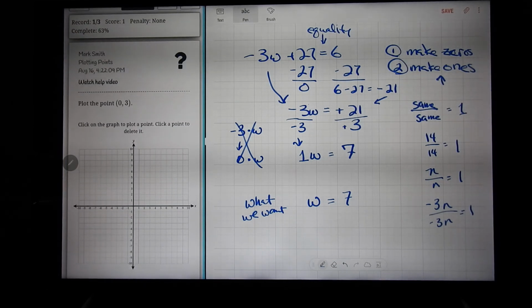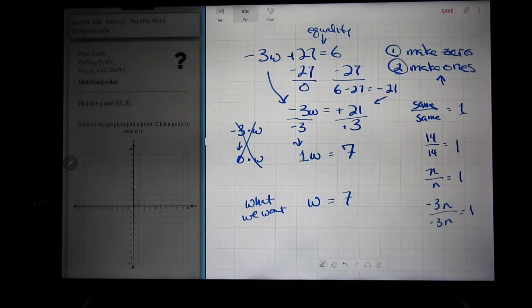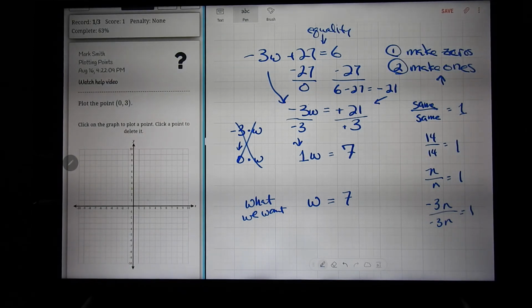So 0, I'm already at 0. So I'm going to go up to 3, and there's where 0, 3 is. 0, 3 is not over here. Oops. Yes, I understand. Okay. 0, 3 is not there, because that's where x equals 3.